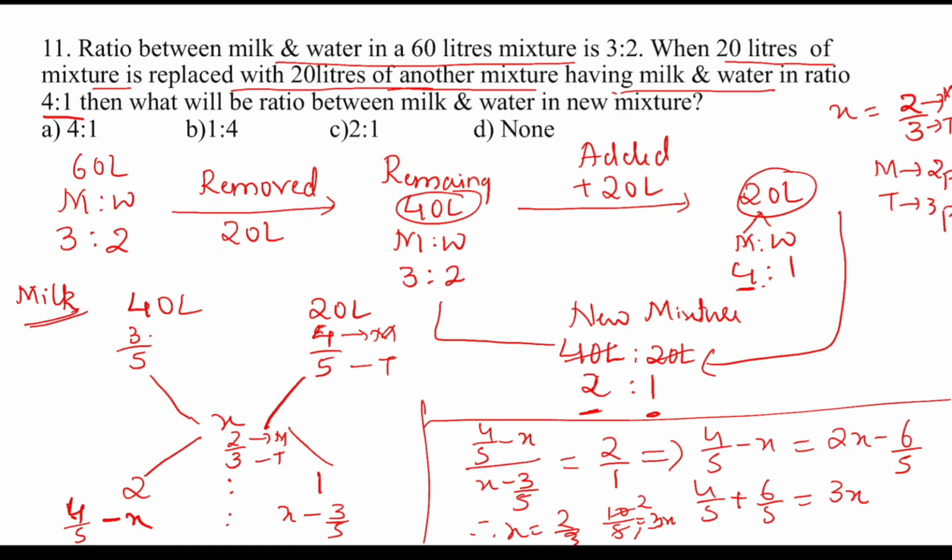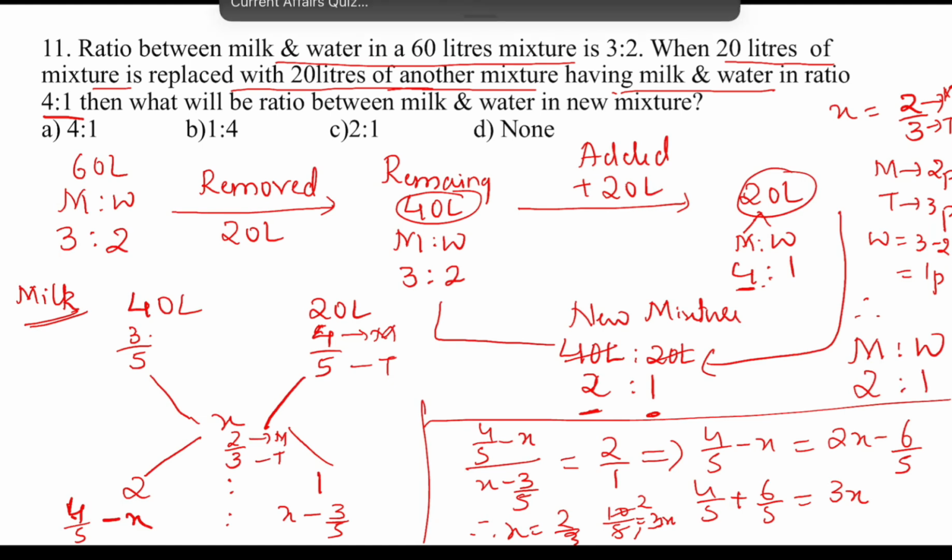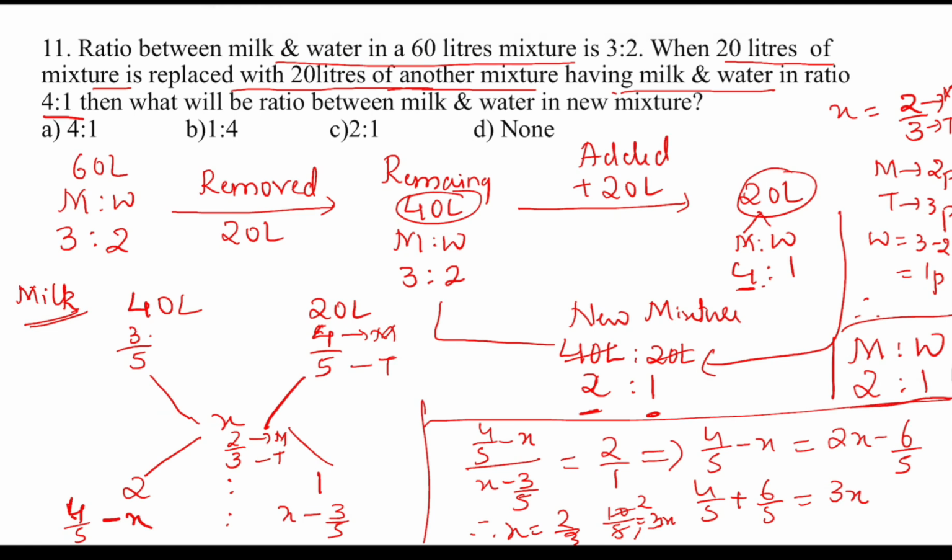So water will be how much? 3 minus 2, which is equal to 1 part. Therefore the new mixture will have milk and water in the ratio 2 is to 1.